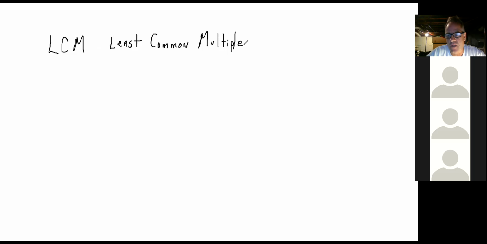I want the smallest number that both of those numbers will divide into evenly. The LCM of 3 and 9: the smallest number that both 3 and 9 divide into evenly is 9. Okay. So that's the concept of least common multiple.